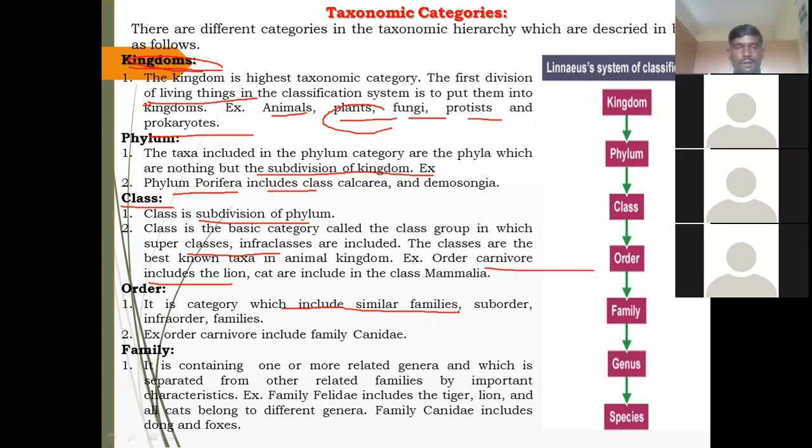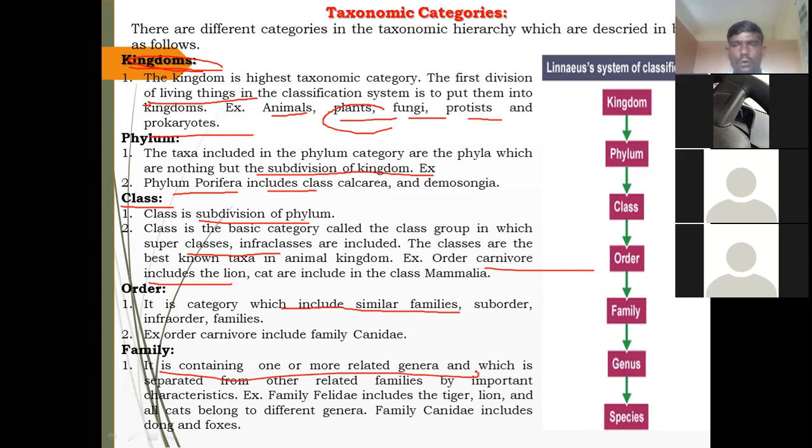Next one, that is very important, family. Family contains one or more related genera. For example, now see here, it contains one or more related genera.